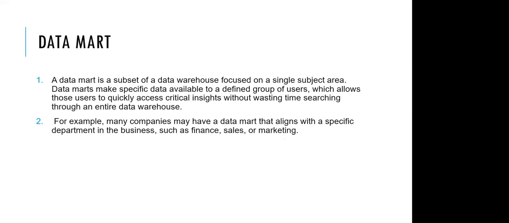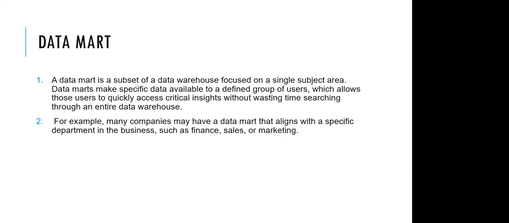Another example: if you run a business, you have lots of departments, like the finance department, the sales department, and the marketing department. All this data will move to the data warehouse. If I want to keep the sales department data in a separate data mart, because in sales we are getting lots of data, then I can see only sales related data in that data mart.